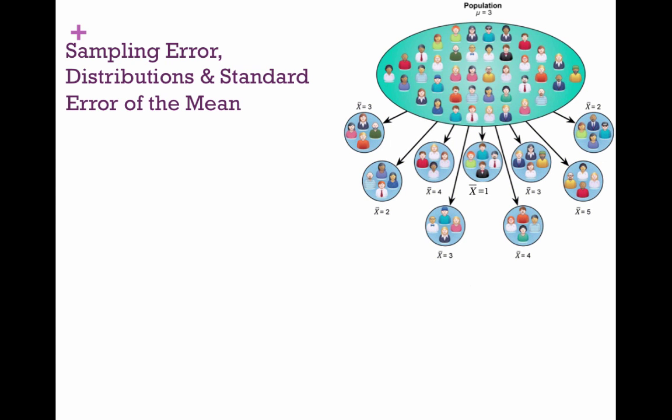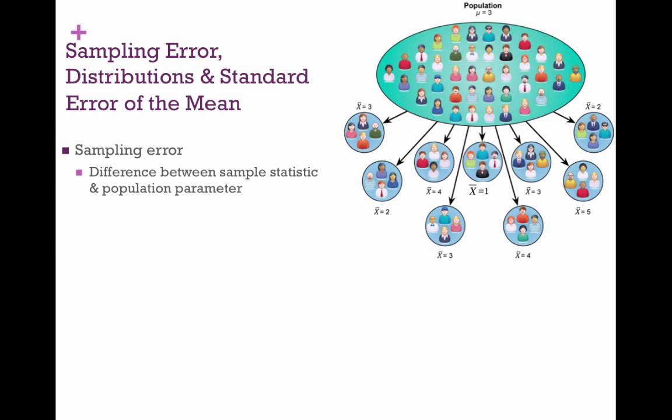And so if we sampled 9 different universities of 100 students each, each of those samples is going to have its own sample mean. And sampling error, again, is really the difference between each sample statistic, in this case the sample mean, and the population mean, the population parameter.